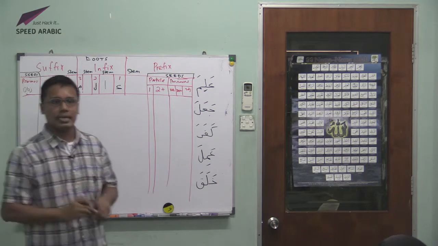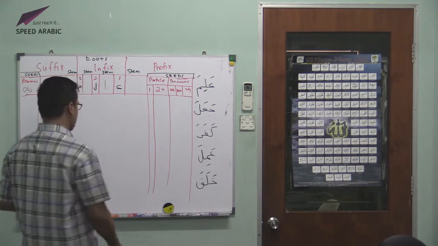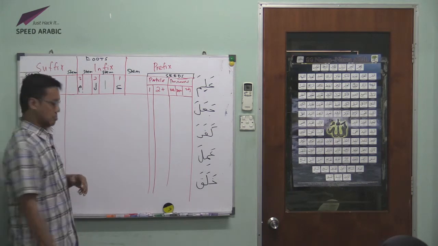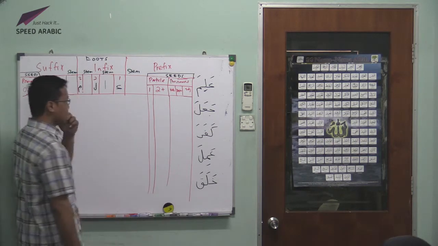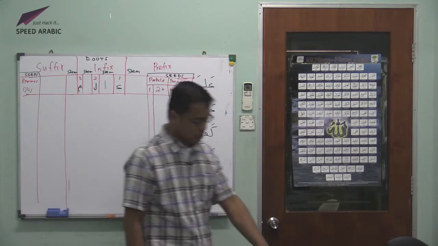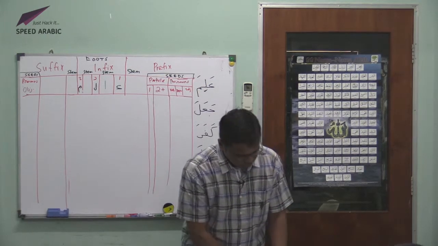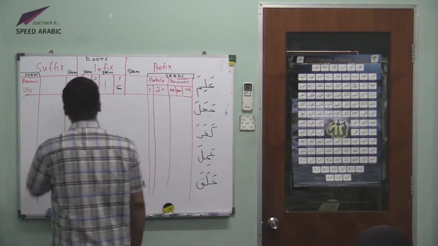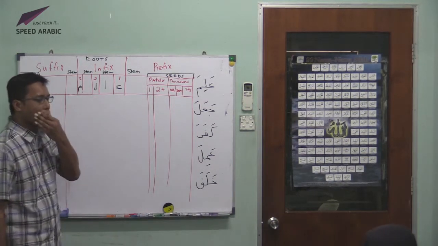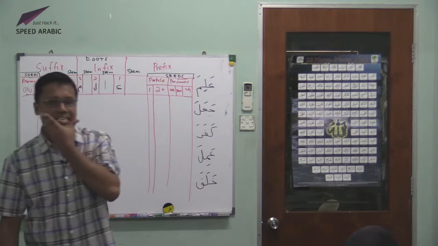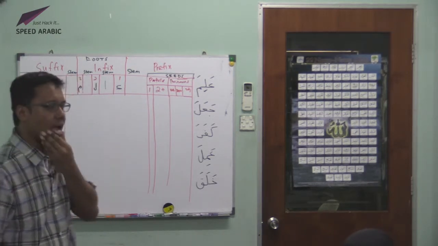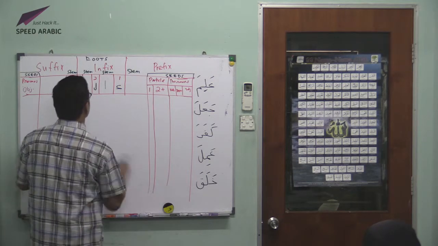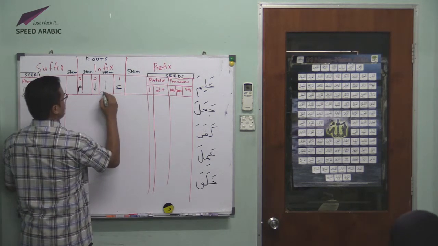When there is an alif there, what does it mean? It means that you go to number 15.8. Okay, and then see the meaning. What's the meaning of 15.8? One who. Okay, one who.